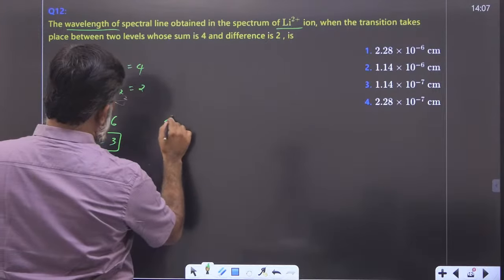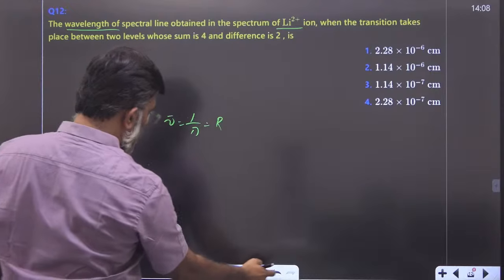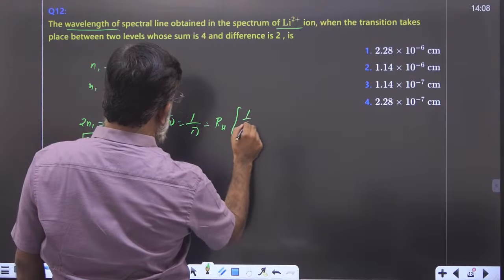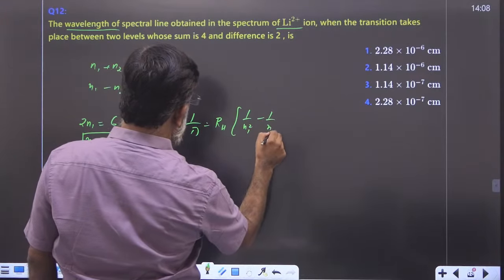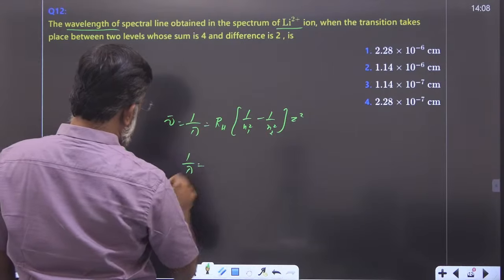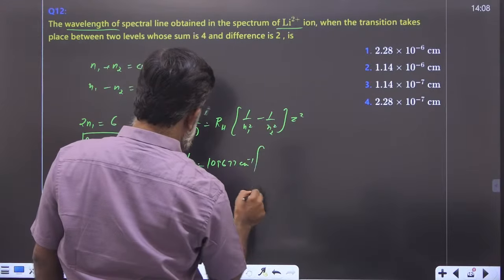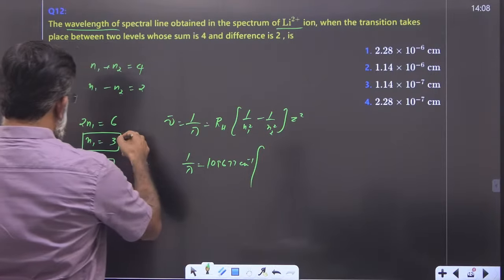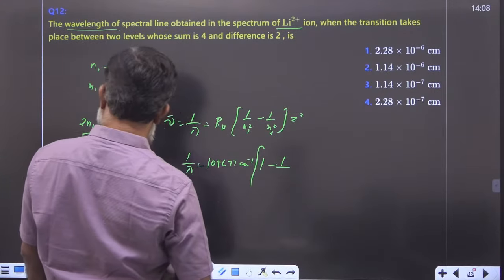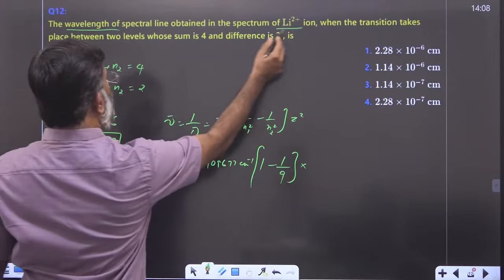സോ വേവ് ലെങ്ത് new bar 1 by lambda equal to സെന്റിമീറ്ററിലാണ് കേട്ടോ. So it is RH into 1 by N1 square minus 1 by N2 square into Z square. So 1 by lambda equal to 109677 centimeter inverse. 3 to 1 alle. So it is 1 minus 1 by 9 into atomic number of lithium.